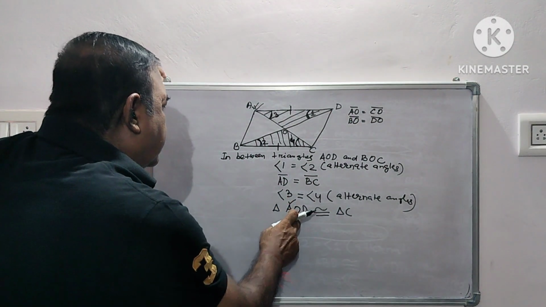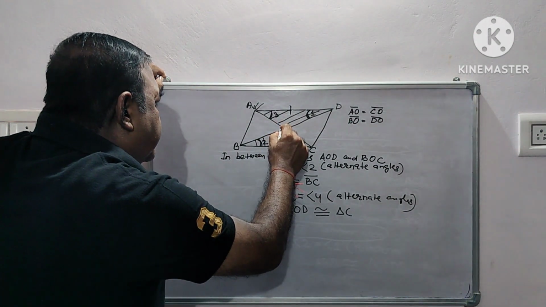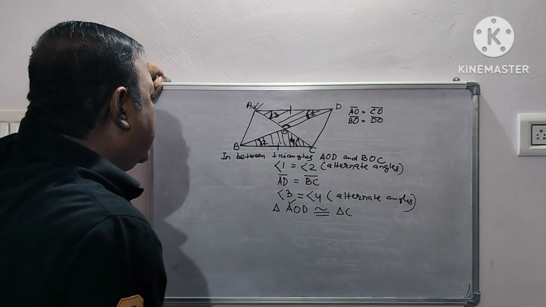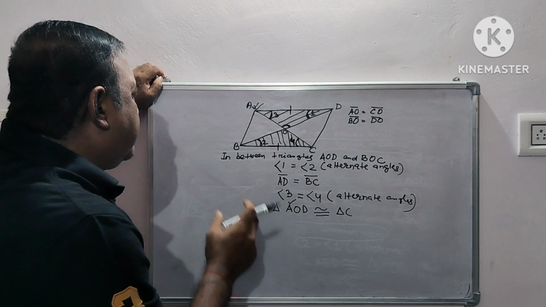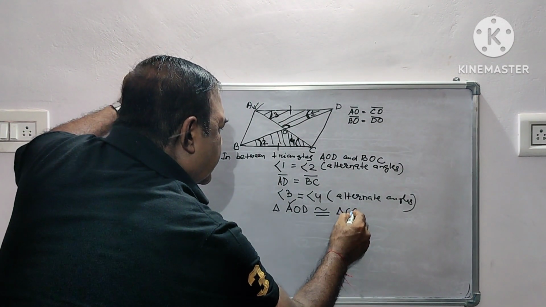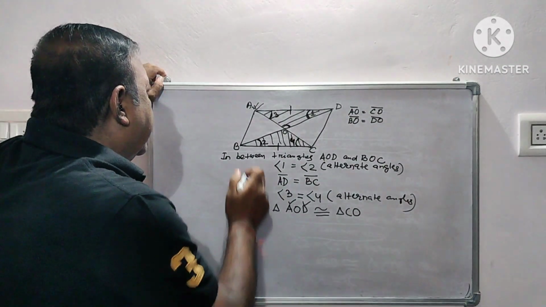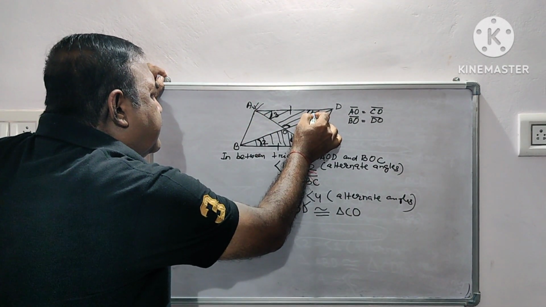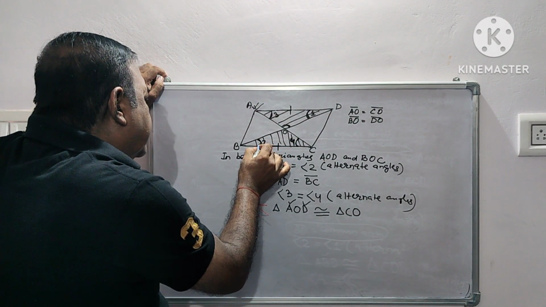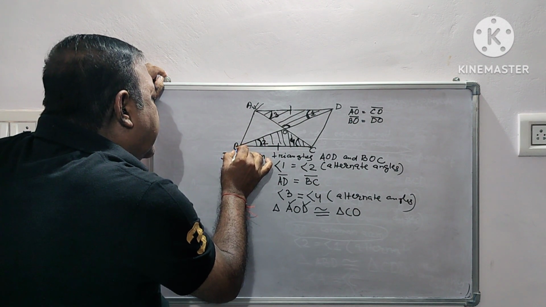Then come to point O. This is the common point for both. You see here. So write O here. And for the vertex D of triangle AOD, here angle 1 is present. Angle 1 is equal to angle 2, and angle 2 is at vertex B of triangle BOC.